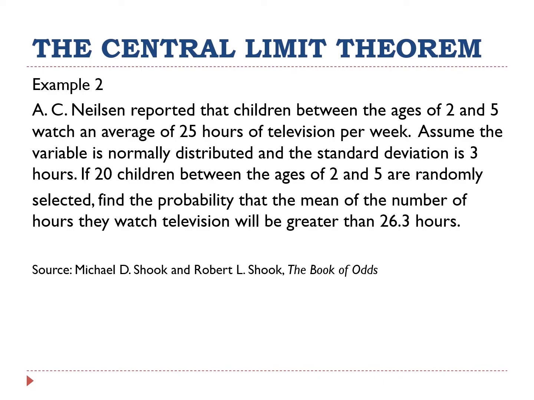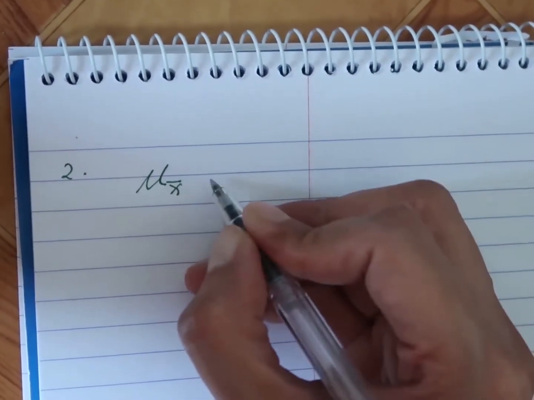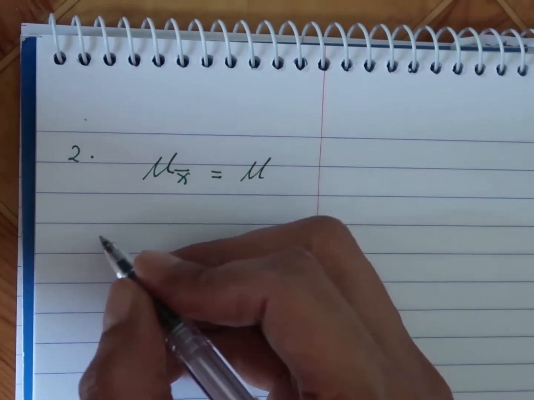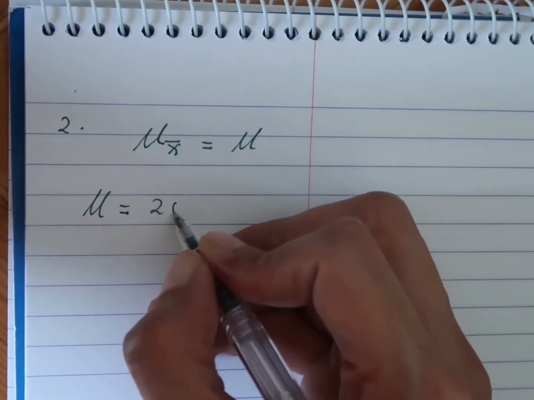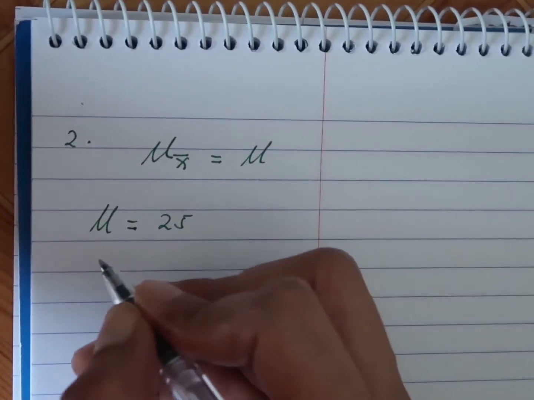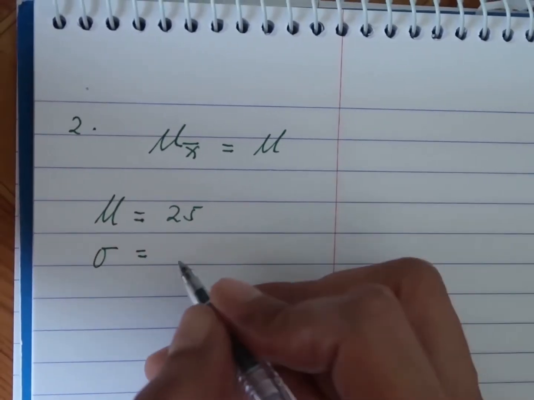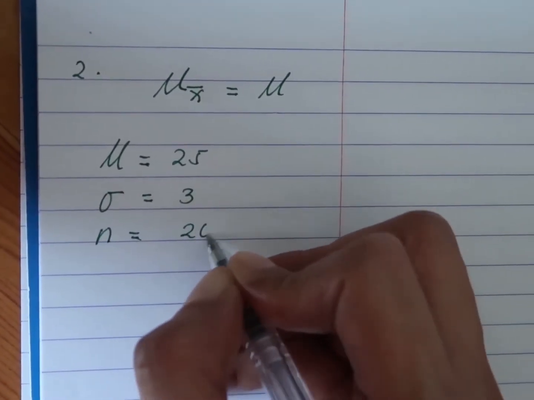Remember that the mean of the sample mean is equal to the population mean. So your population mean is equal to 25, your standard deviation is 3, and your sample size is 20.